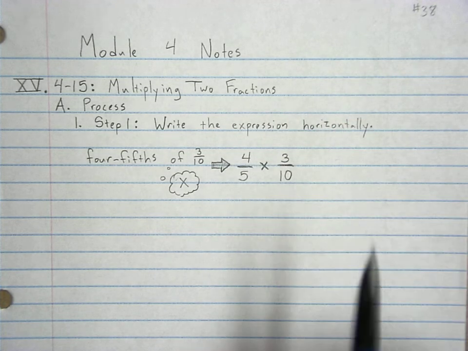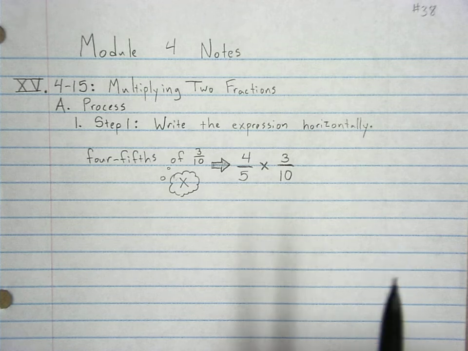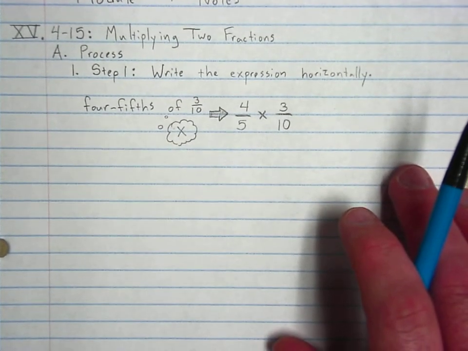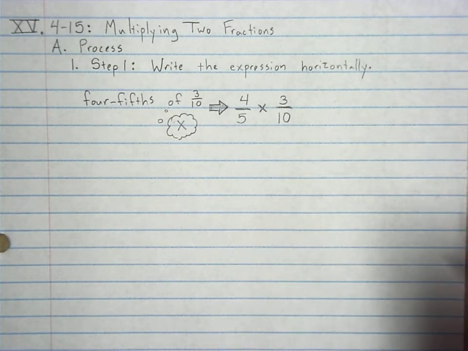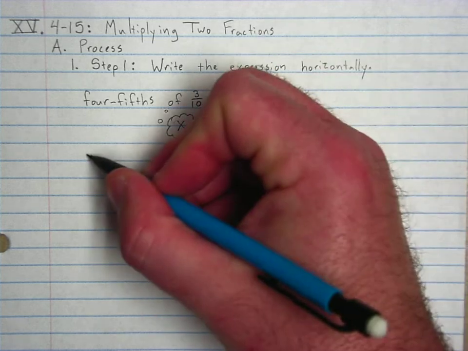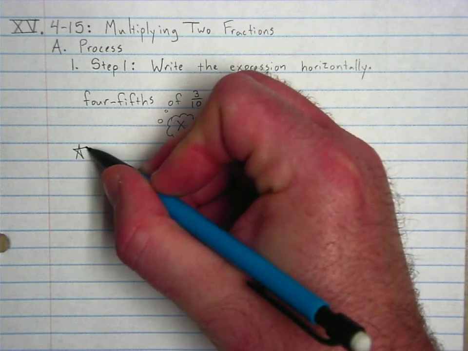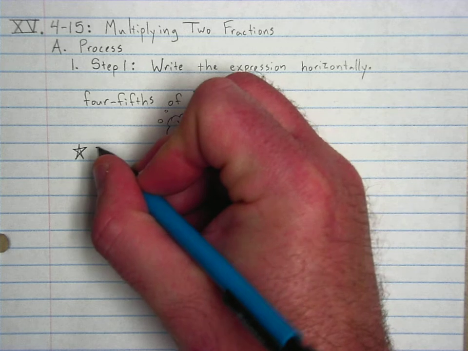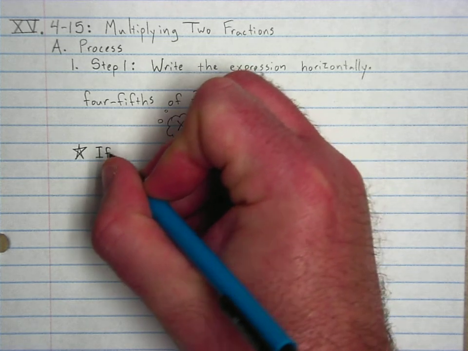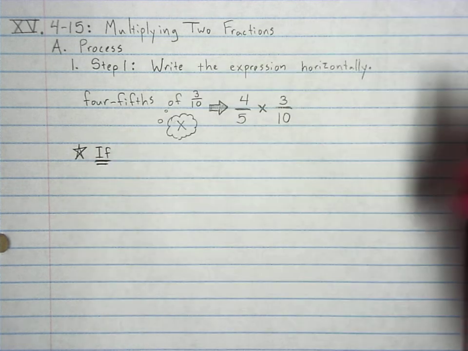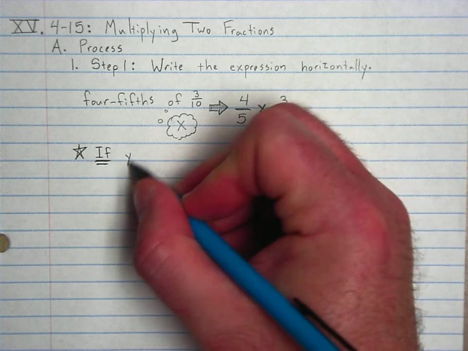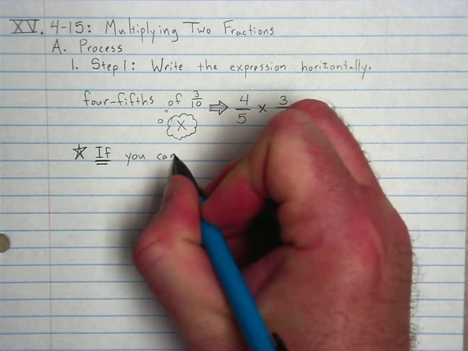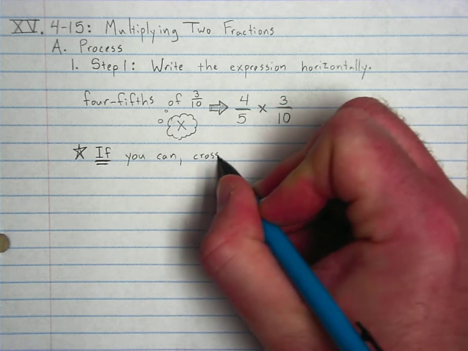Now, this is where we talk about cross-canceling. Think about it as step 1.5. I'm going to put a big star here because it's a big if. It won't always work. If you can, cross cancel.